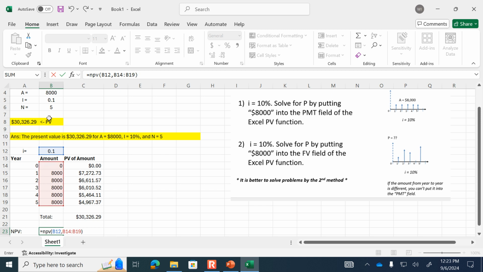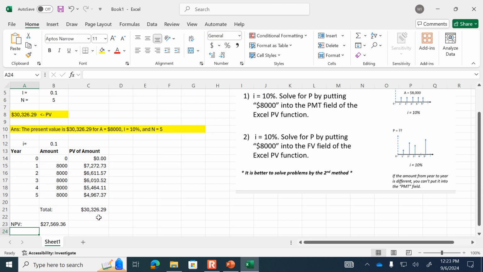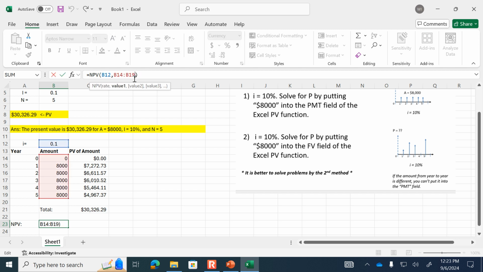We already know the answer is 30,326, right? It gives the wrong answer if we included 0 as the first value, because it's thinking this 0 was in year 1. So the correct way to use the NPV function is only include amounts that are in the future, and it will convert them to amounts in the present.